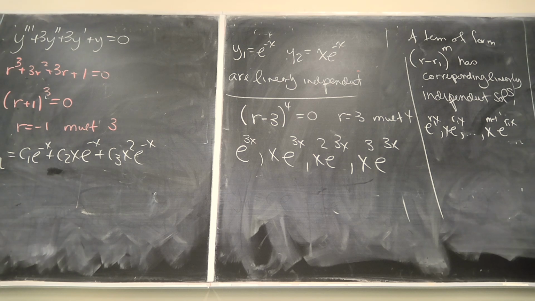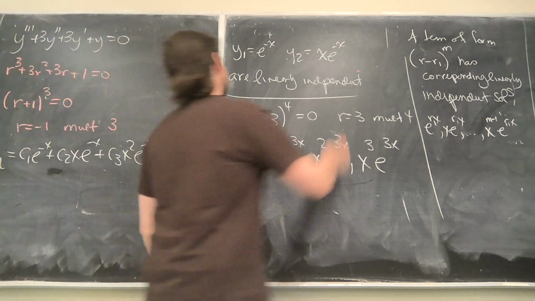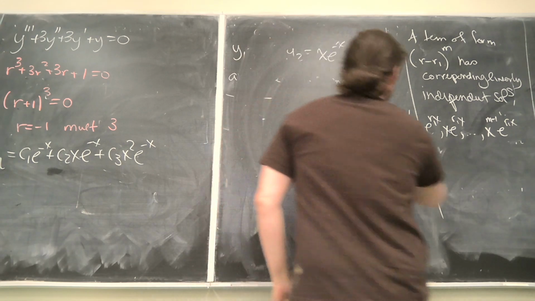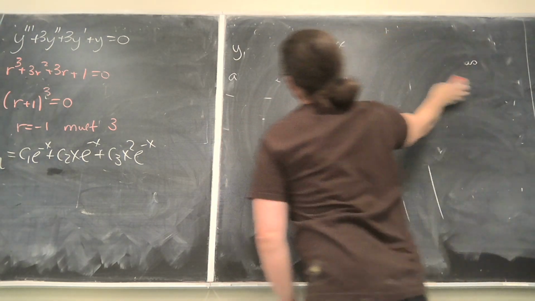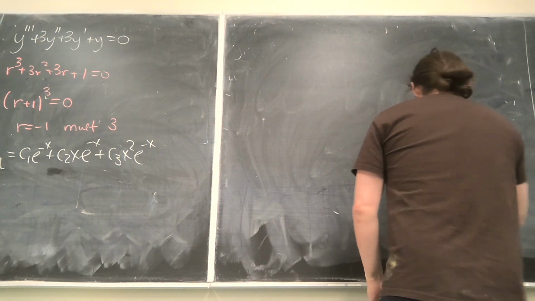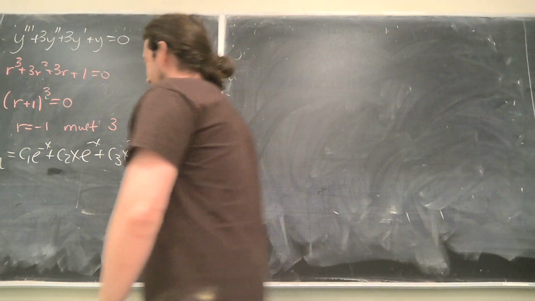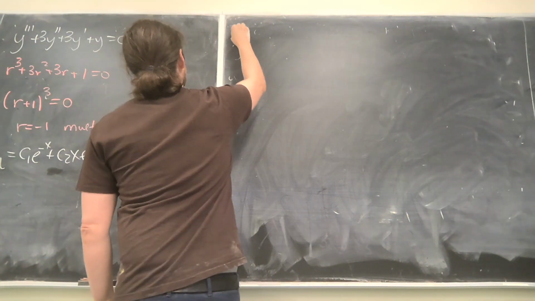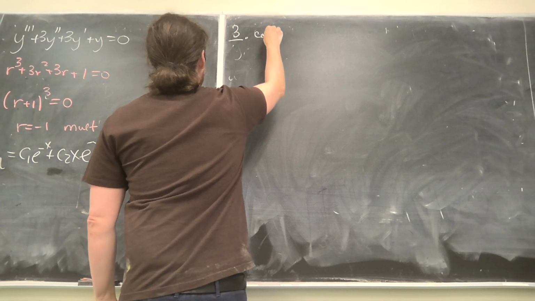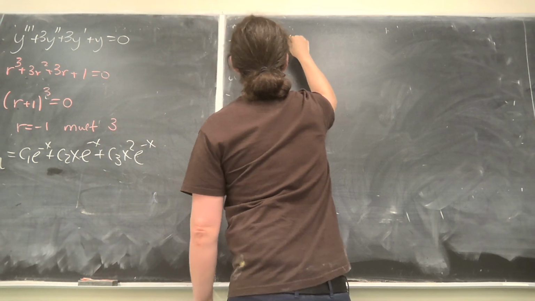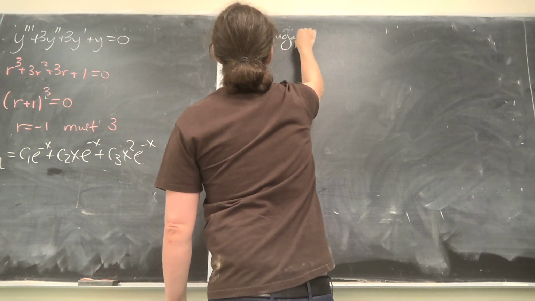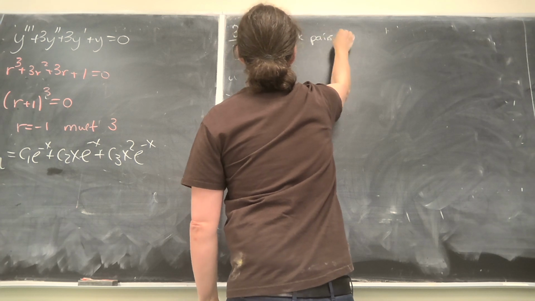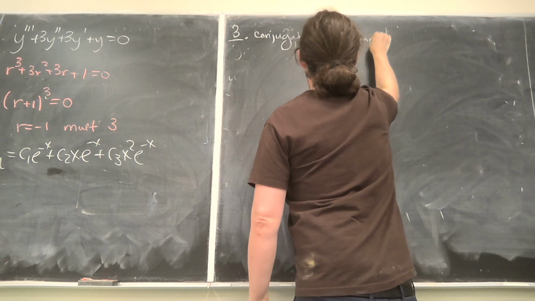All right, questions about this stuff before I go on to my favorite, which are the complex roots. Okay, so the last, and probably for a lot of people the most annoying solutions, is case 3, conjugate pairs of complex roots.